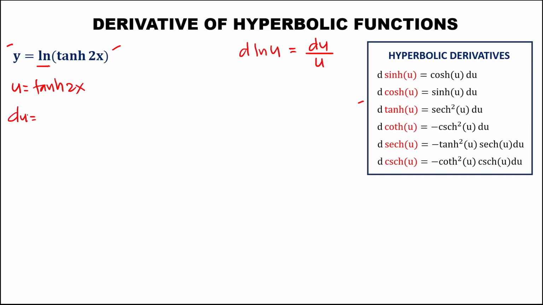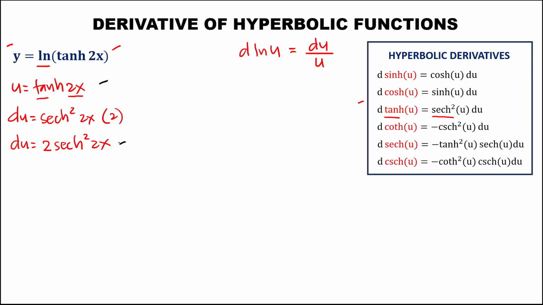Then to find the derivative of u, since the derivative of the hyperbolic tangent is the hyperbolic secant squared, this is the hyperbolic secant squared 2x times the derivative of 2x, which is 2. So therefore du equals 2 times the hyperbolic secant squared 2x.